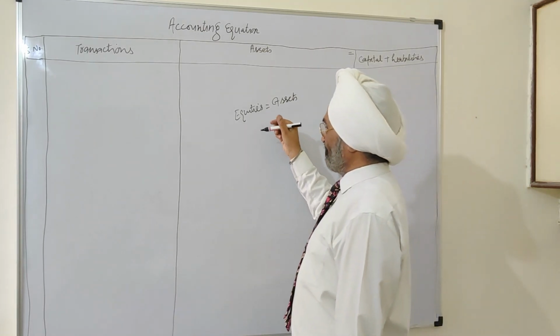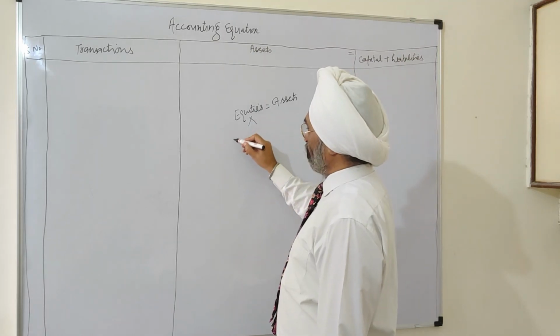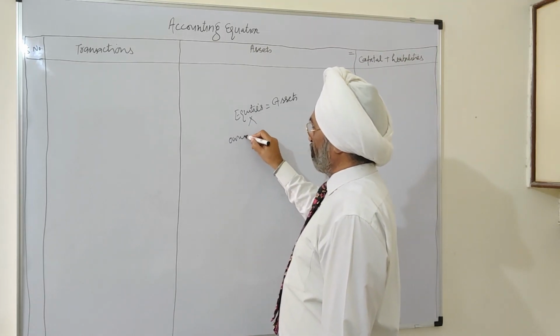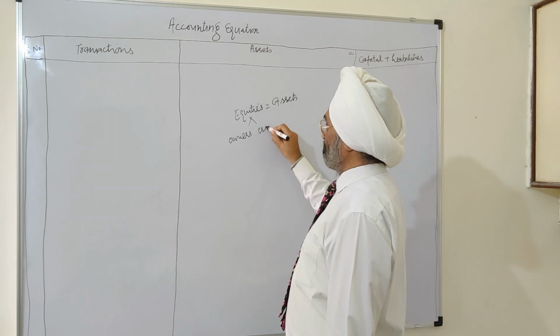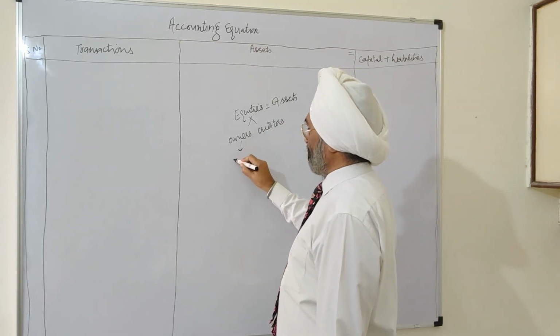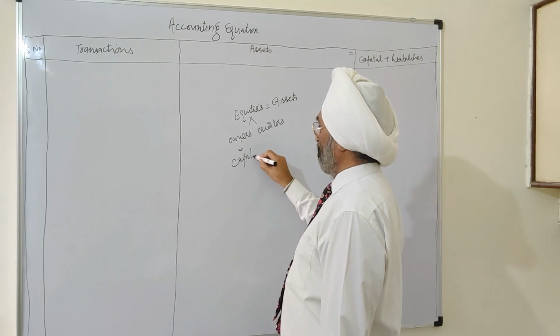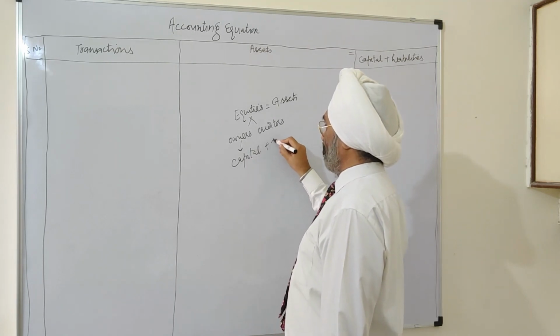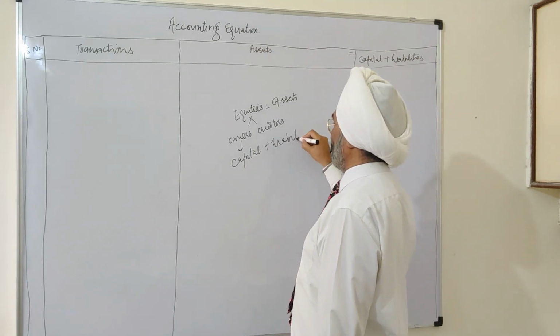And we had discussed equity in two parts, owner's equity and creditor's equity. Owner's equity we had discussed as capital, and creditor's equity we had discussed as liabilities.